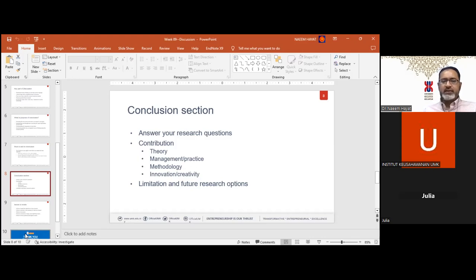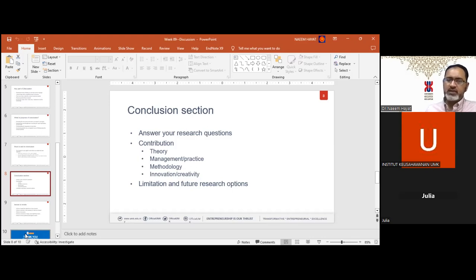So these are the 3 things that we need to add in the conclusion section. We must answer the research question that we proposed in the introduction section, claim implication or contribution in theoretical, management, methodology, application, creativity, or innovation, and then the last thing, the limitation and the future research option.